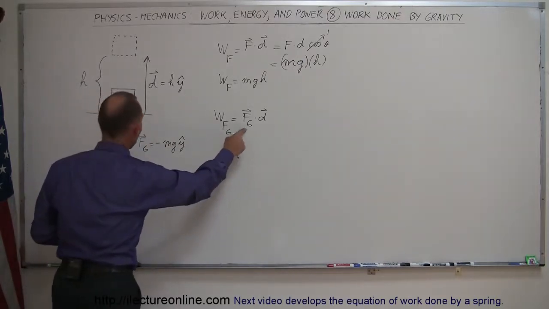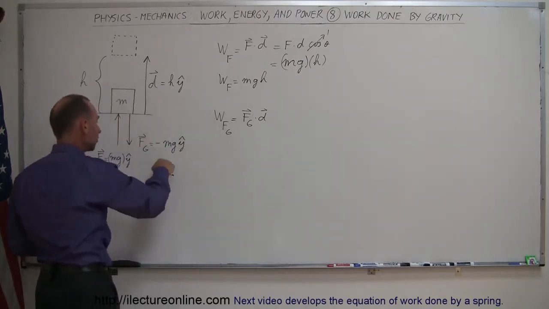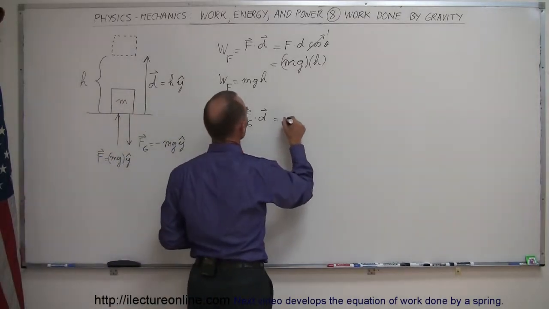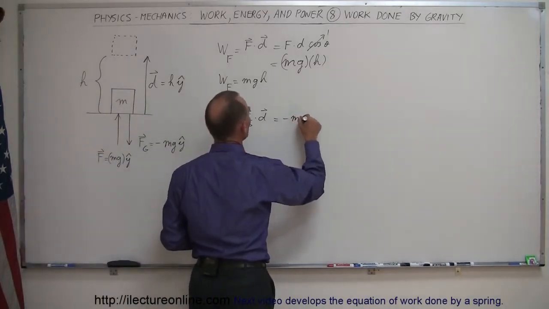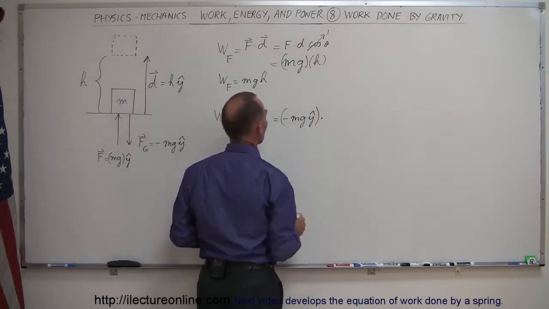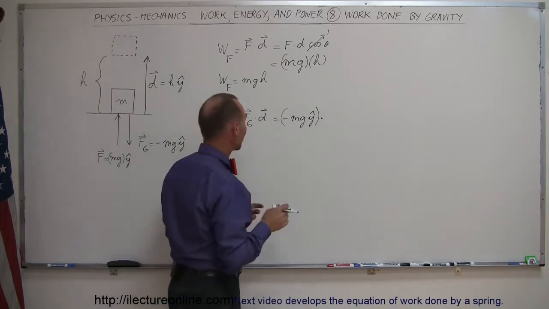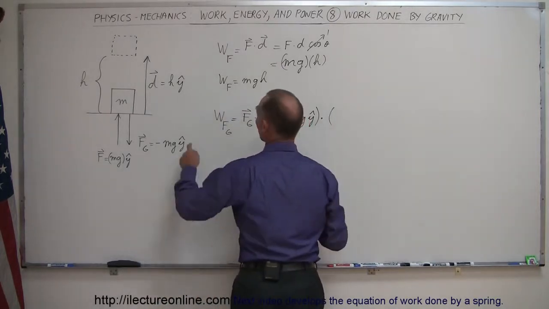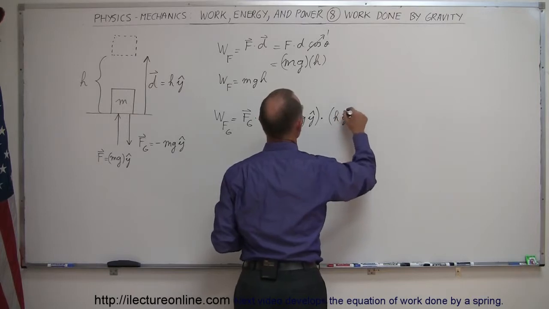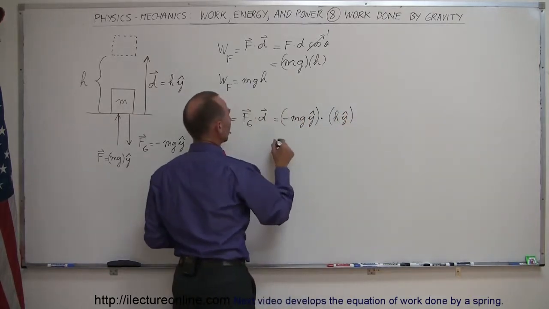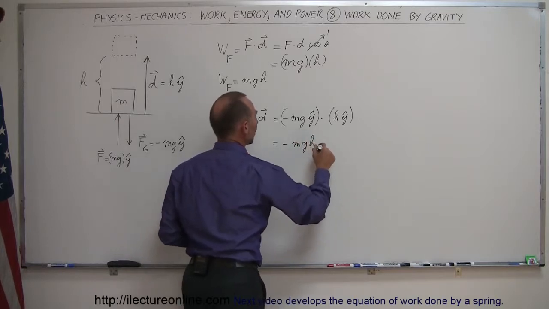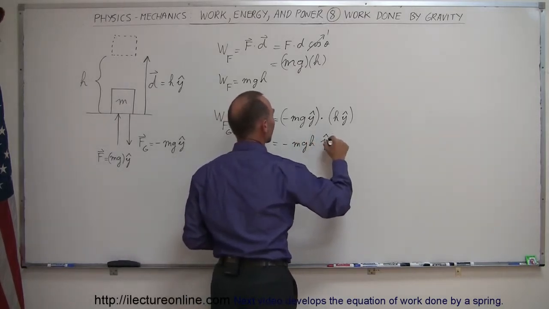So we use the very same definition, and let's see what happens. The force due to gravity is minus mg because it's pointing in the negative y direction. So this is equal to minus mg in the y direction, and we're going to dot that with the displacement, which is h in the positive y direction. So this is equal to minus mgh times y dot y.